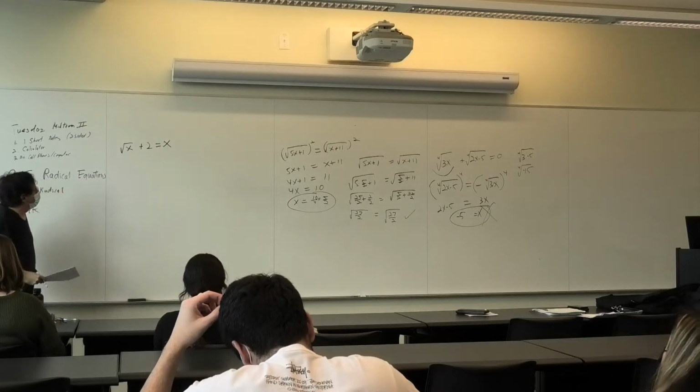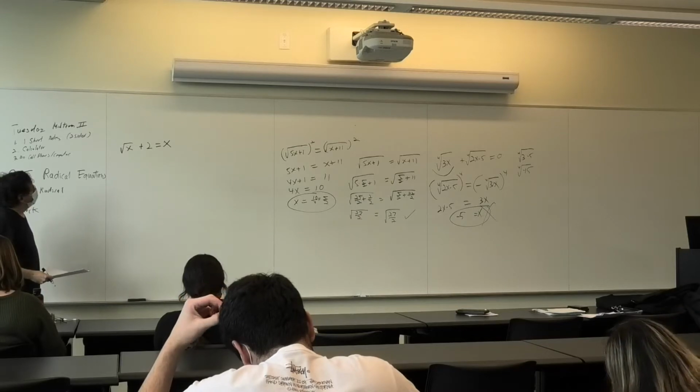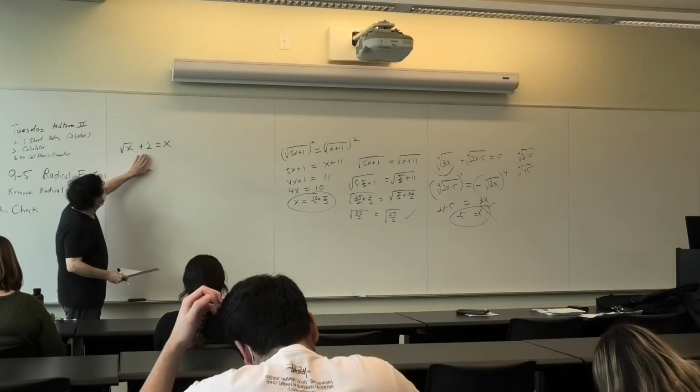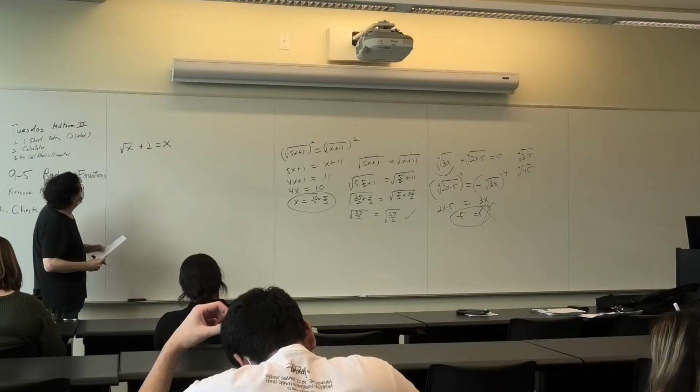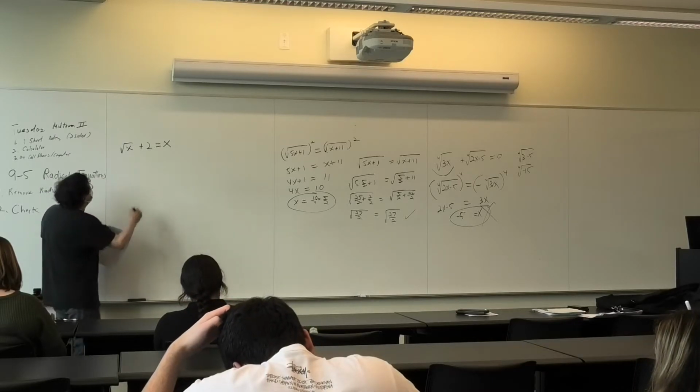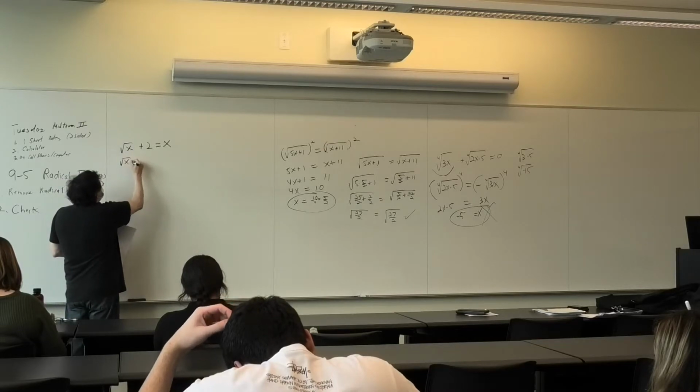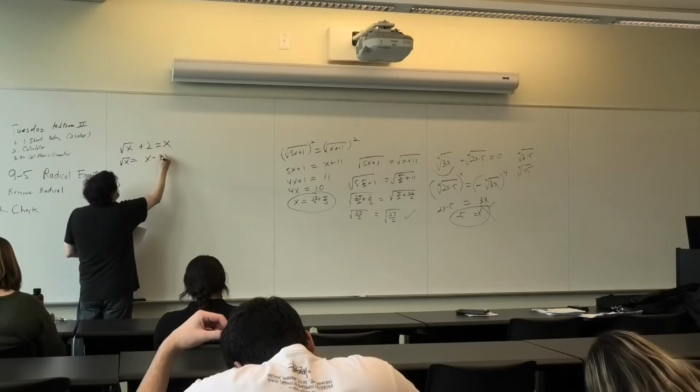Now, we could put this by itself. Yeah, we could do it either way. We can say square root of x equals x minus 2.